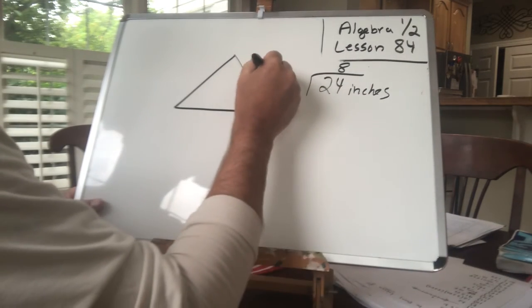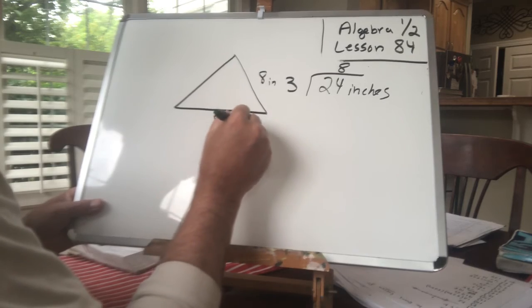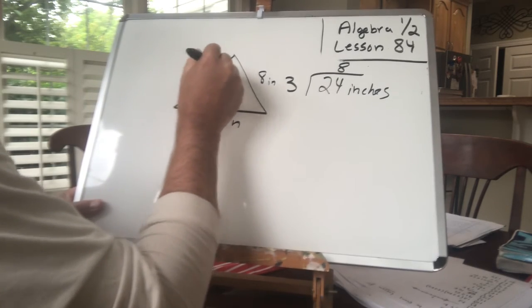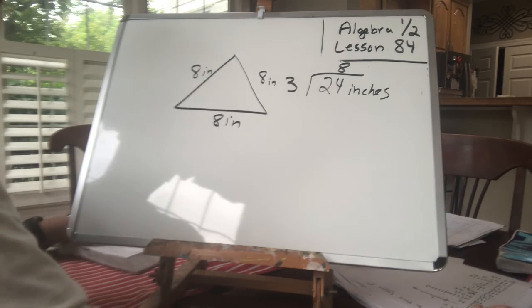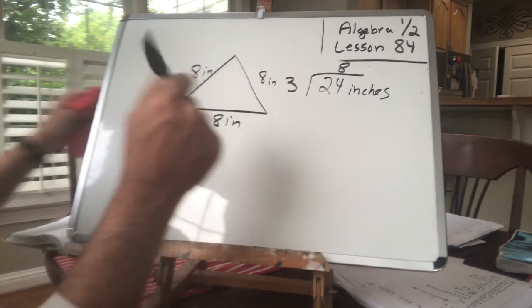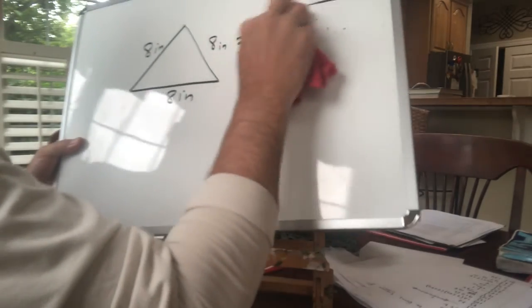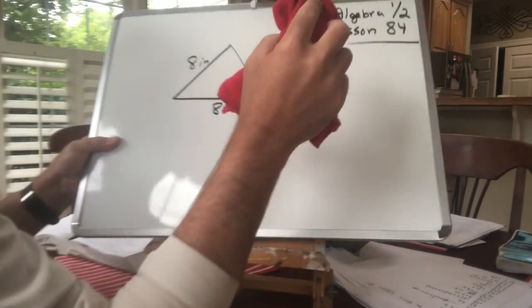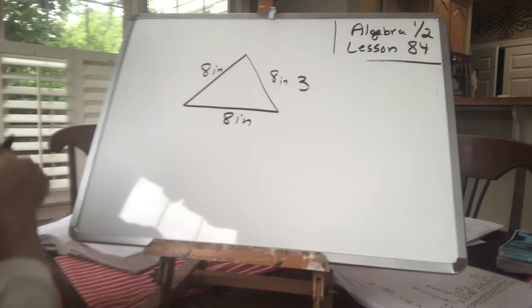That means each side is 8 inches. Right? That would give me 24. That would be 2 feet. It's an equilateral triangle. All sides need to be the same if it says it's equilateral. I have just solved that problem. Right? That's the last example that it gives us.